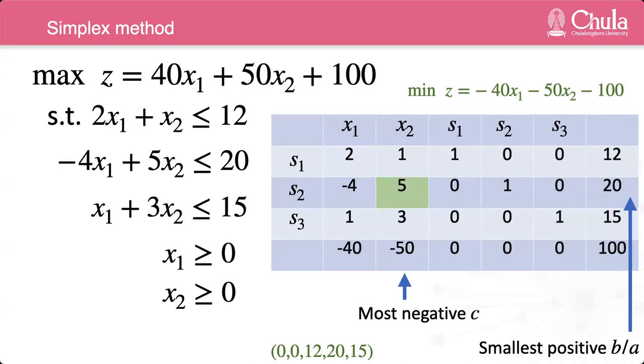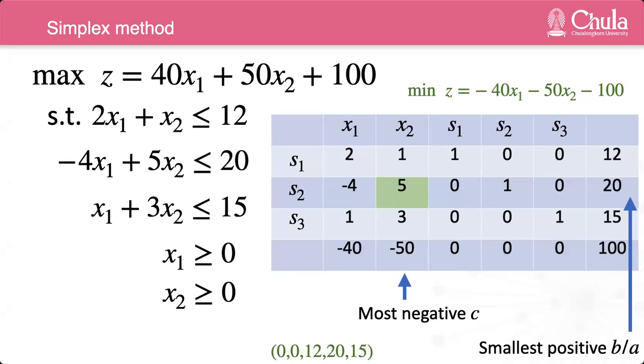However, if you increase 1 unit of x1, you decrease the objective function by 40 units. If you increase 1 unit of x2, you decrease it by 50. Which one is better? This one, right? Because it's more negative.